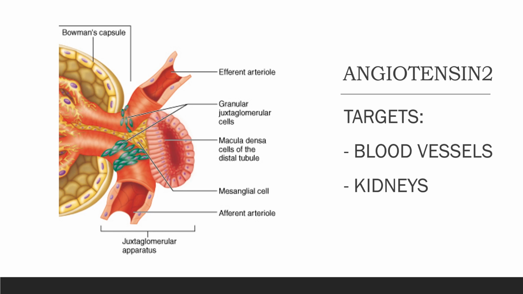Now, he also targets the kidneys, and there's two ways that he targets the kidneys. But one more thing that I forgot to add about the blood vessels: when angiotensin 2 is exerting its vasoconstriction, this happens in minutes.